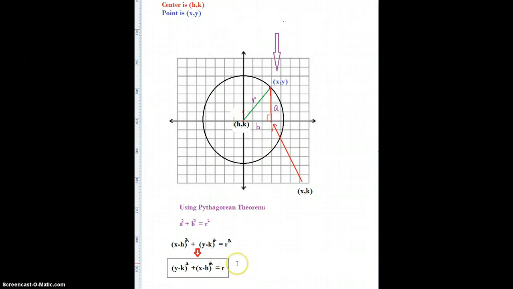But if we make this r squared in your mind, and switch that around, we now have the equation for a circle. So really it's just a Pythagorean theorem thing. We make this triangle, and we take some care in naming this line we made, find the distance for a, find the distance for b, and we've got it.